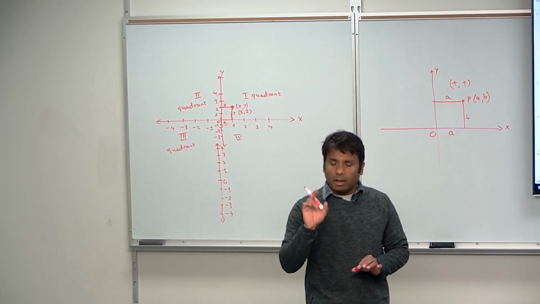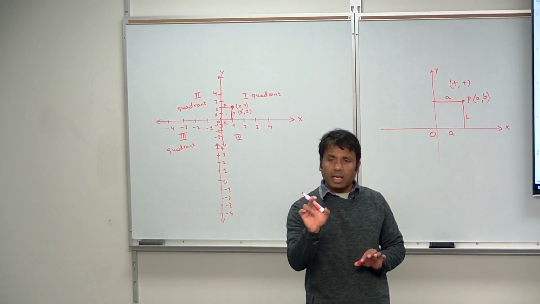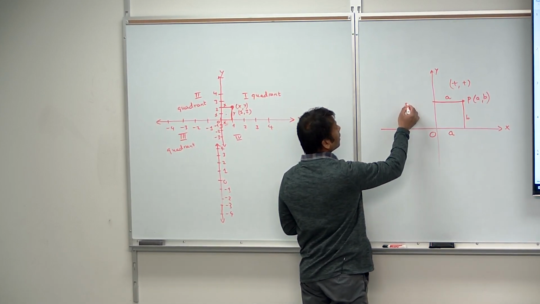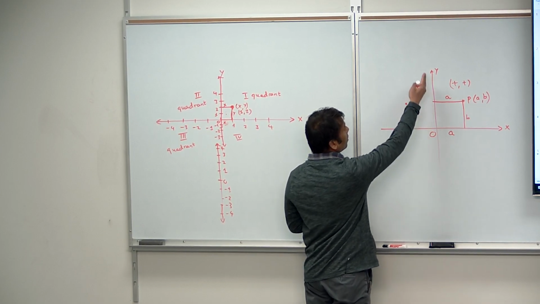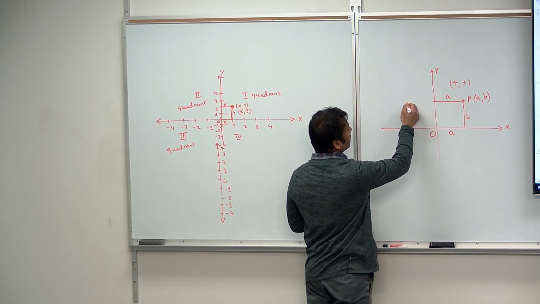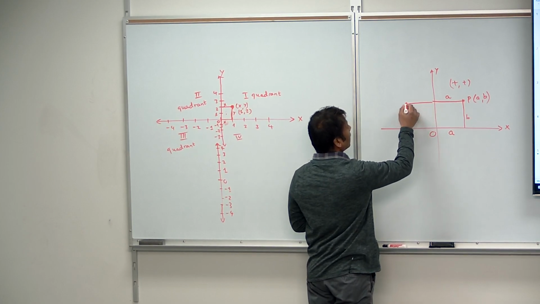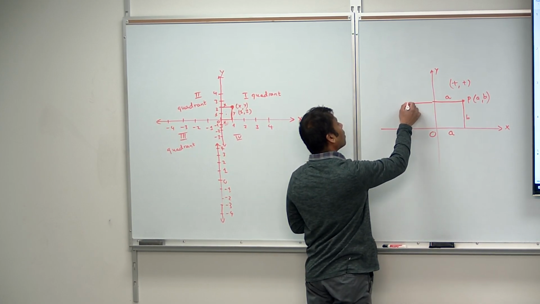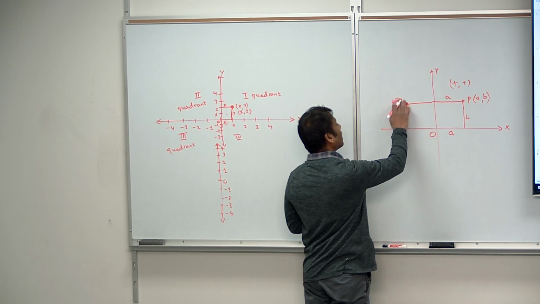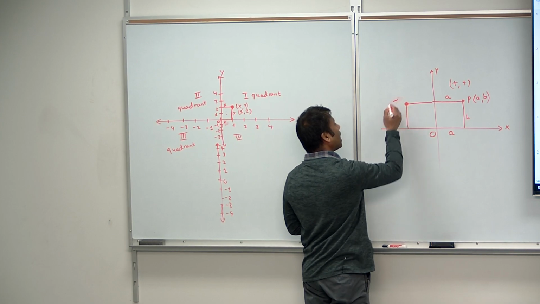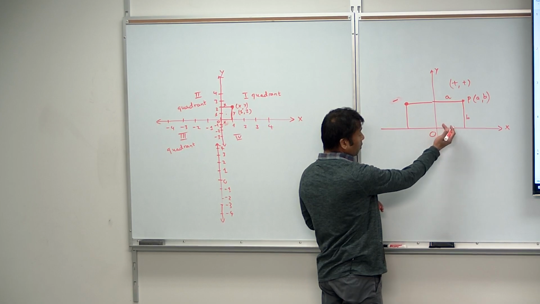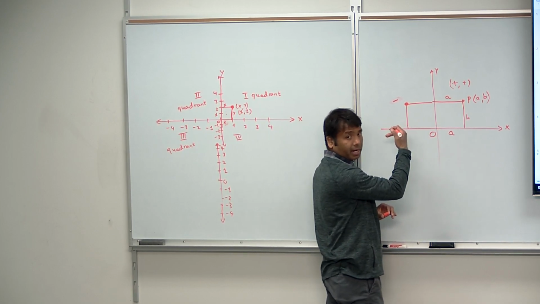Right? Any point in the second quadrant. You see? So now if you have a point here, this is the distance from the y-axis, and this is the distance from the x-axis, right? And the coordinate of this point will have an x value that is negative, because you move from here to the left, right?